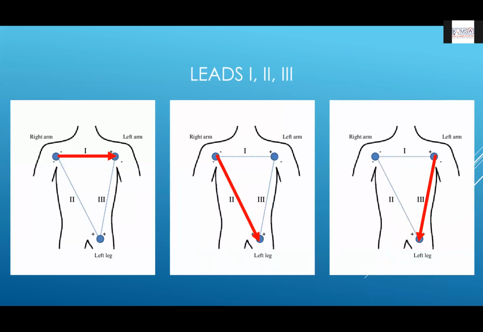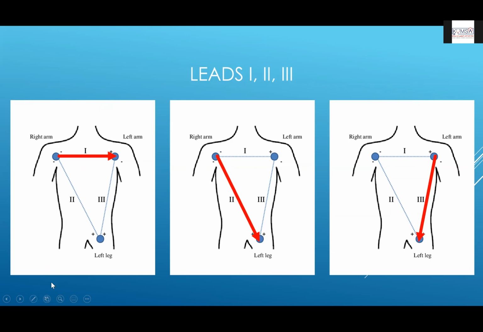So leads 1, 2, and 3: what the ECG machine does is that it reads the electrical activity from 2 different sites. So let's say looking at the leftmost picture, you're looking at lead 1.